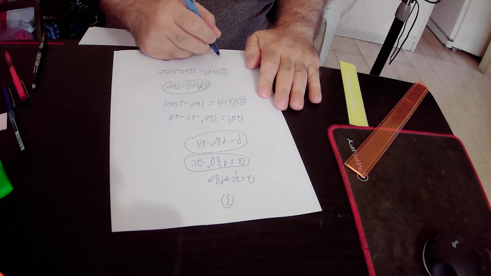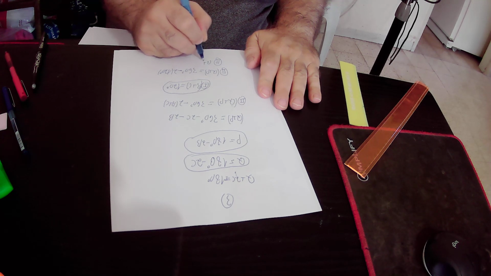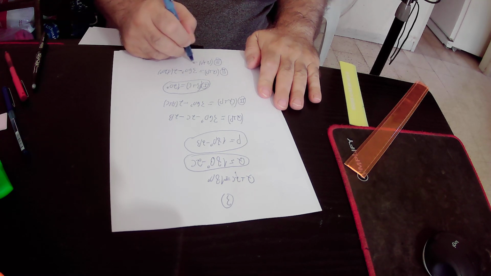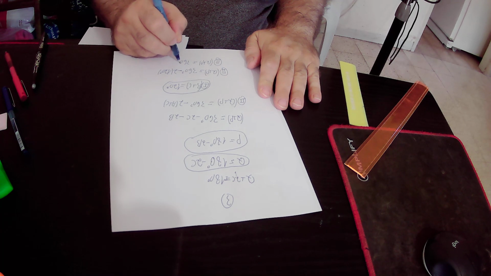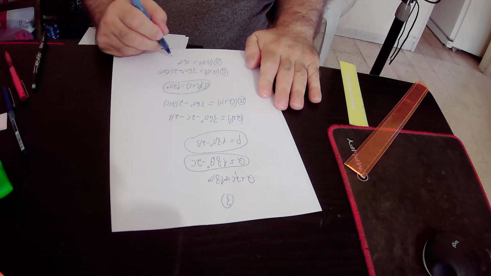So we got that Q plus P equals 360 degrees minus 2 times 120 degrees, which is minus 240 degrees.